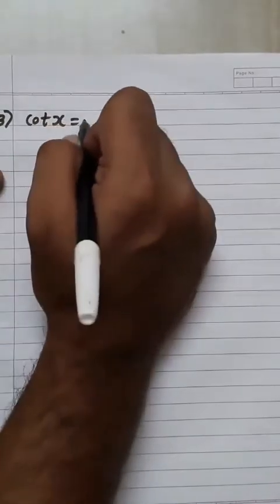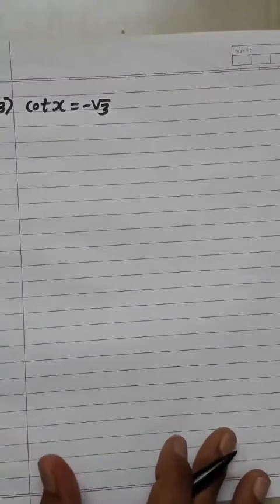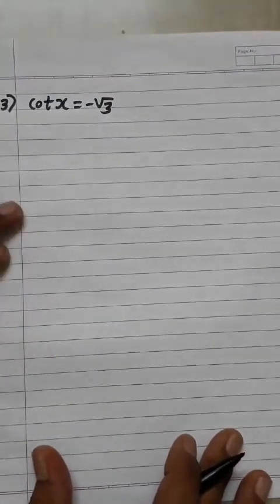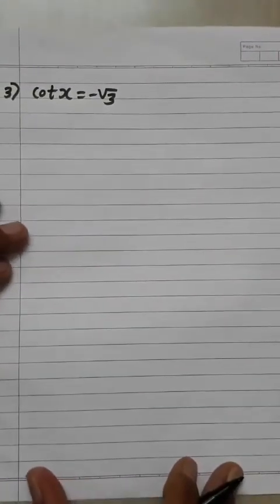Next question. Cot x is equal to minus under root 3. Here the value is negative and it is in cot form, but our general solutions are only in sine, cos and tan form.